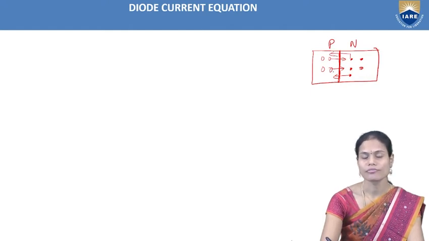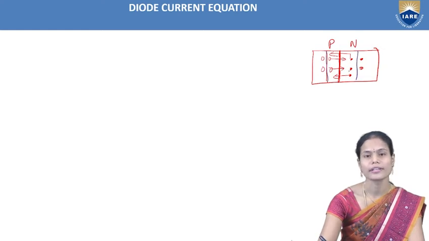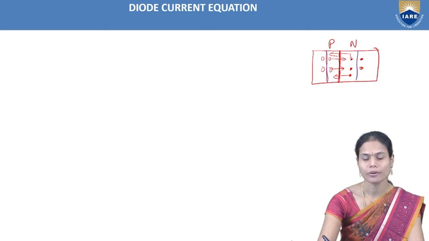Because of this diffusion process, there is the formation of the depletion layer near the junction in both the P type of material as well as in the N type of material. Once one electron comes from the N type of material and joins with a hole, it leaves its negative charge and it becomes a positive immobile ion. So each and every electron which leaves the N type of material becomes a positive immobile ion.